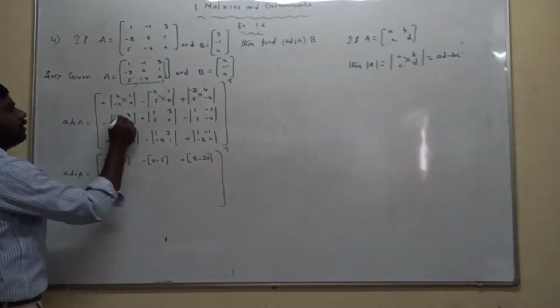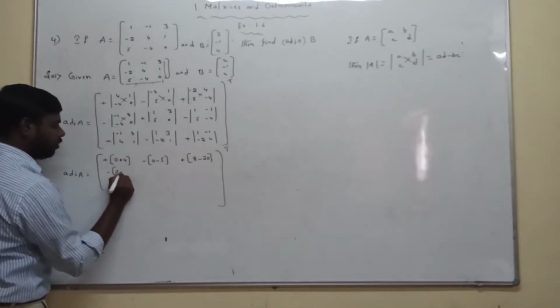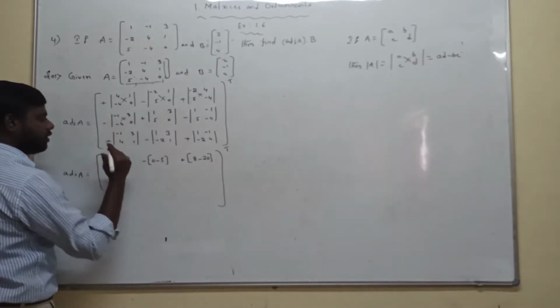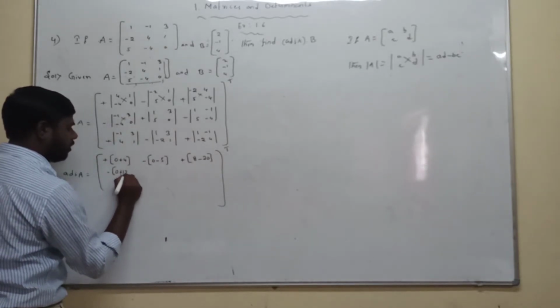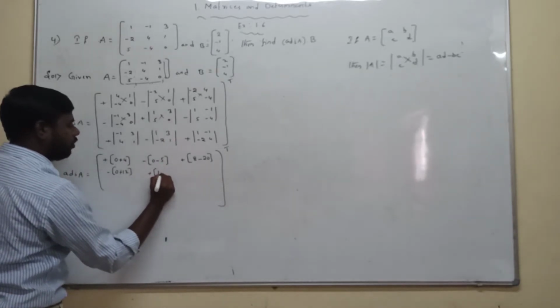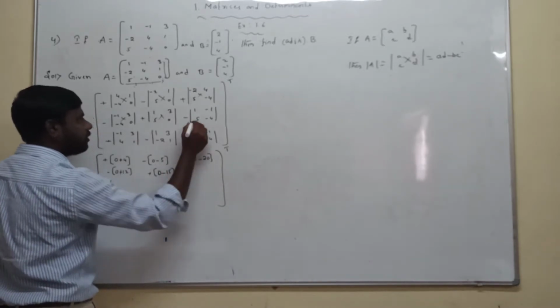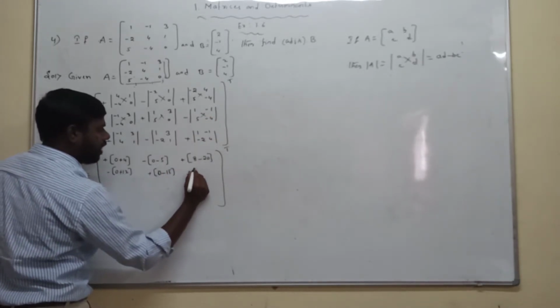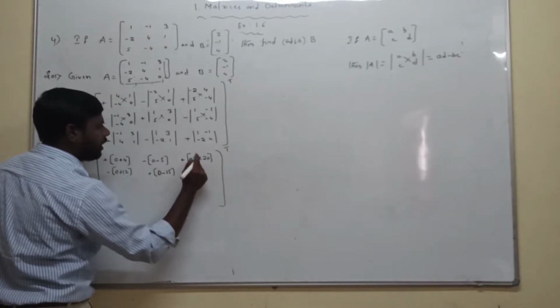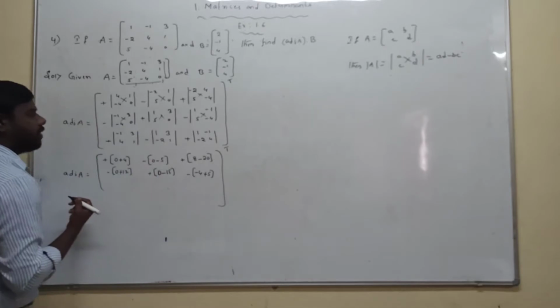Next, same form: -1 into 0, 0, minus 4 into 3 is -12, minus of minus, plus 12. Next, 1 into 0, 0, minus 5 into 3 is 15. Next, 1 into -4, -4, minus 5 into -1 is -5, minus of minus, plus 5.